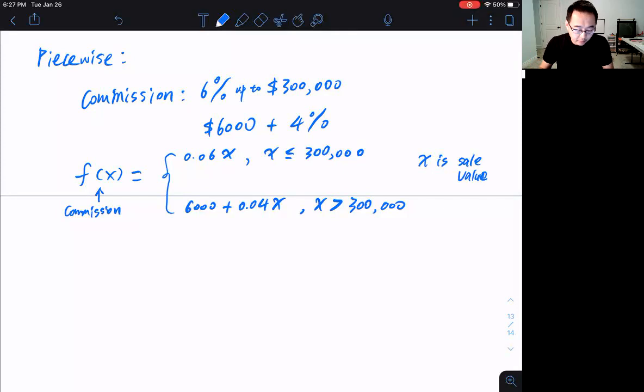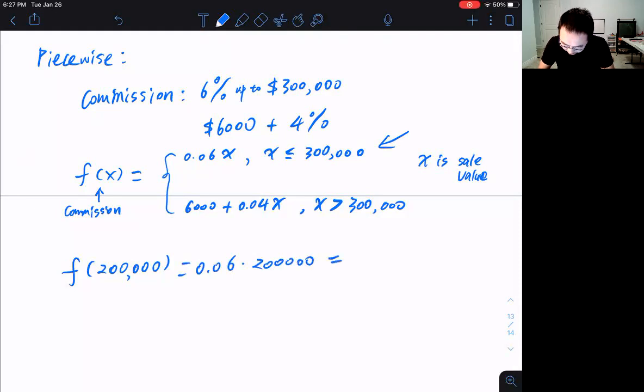So now, if this is the case, I can figure out what is the commission for a $200,000 home being sold. You can say, oh, $200,000 falls in this functional form. So that equals 0.06 times 200,000, which gives you $12,000. So that's how you solve that. But you can say, similarly, what about a home of $500,000?